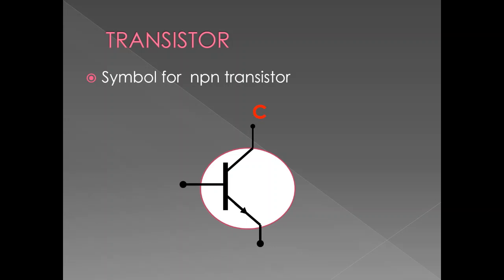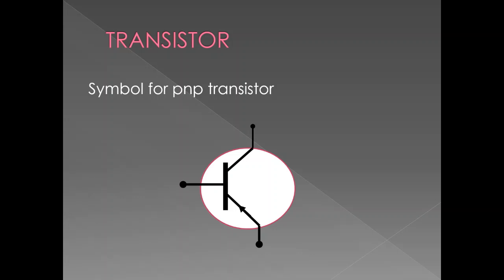The terminal at the top is the collector terminal represented by letter C. The horizontal terminal on the left is the base terminal represented by capital letter B. And at the bottom is the emitter terminal represented by capital letter E.